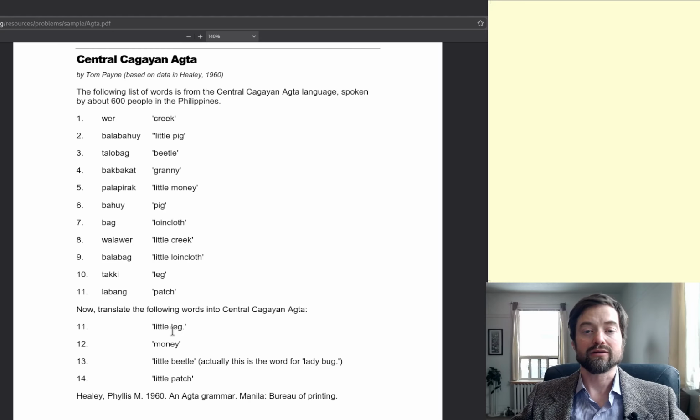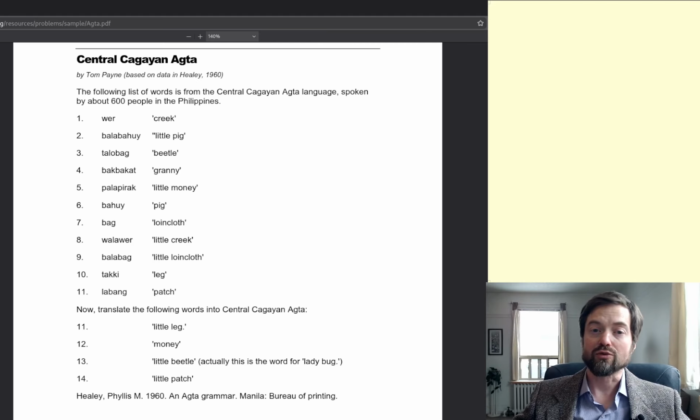Okay, well, now usually that's going to be a little bit harder than going the other way. It's easier to translate something into English than it is to translate something into an unknown language. But it looks like this is going to be possible based on the patterns we see here. So how can we figure it out? How do we know how to translate these words?